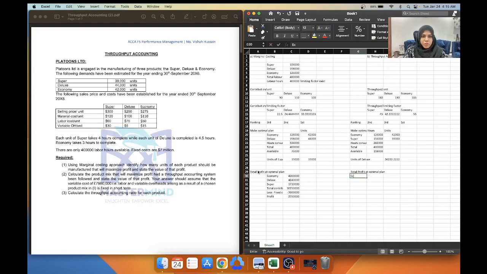So economy, super, deluxe. Now this time you are going to multiply throughput per unit into the amount of units that you produced.